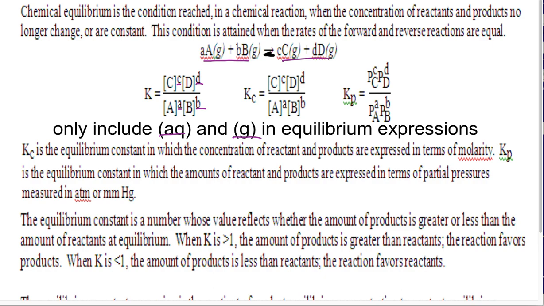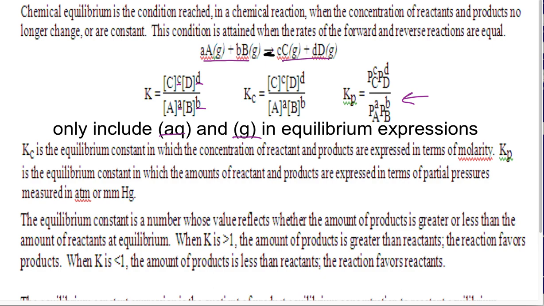The pure solids and liquids actually don't have a concentration. And do solids and liquids affect pressure at all? No, they don't. So we can also calculate something called a Kp, but that has to be gaseous systems alone. Okay, we cannot calculate Kp for aqueous systems at all.